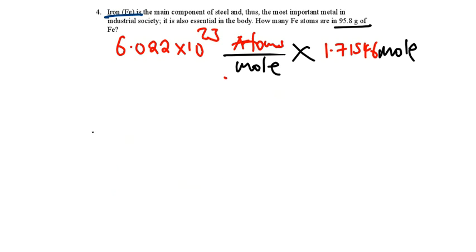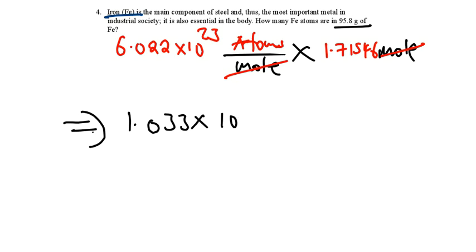Of course, we multiply the moles, we cancel, and then what remains is the number of atoms, right? So we multiply by 6.022 times 10 to the power 23. The value I'm getting is 1.033 times 10 to the power 24. The units remaining now are just atoms. So we've calculated the number of atoms.